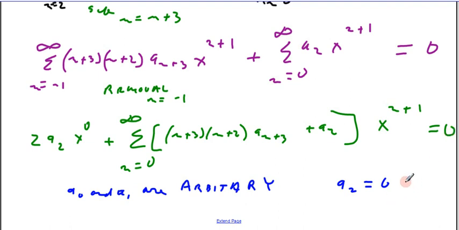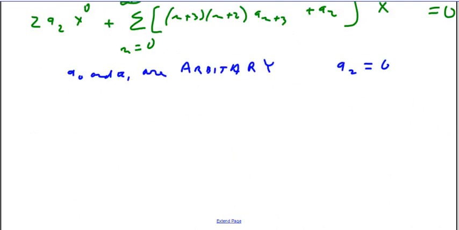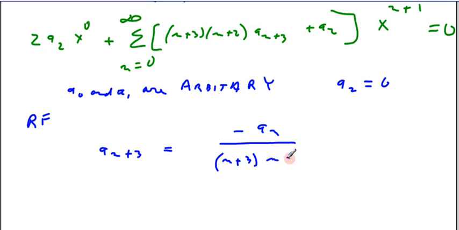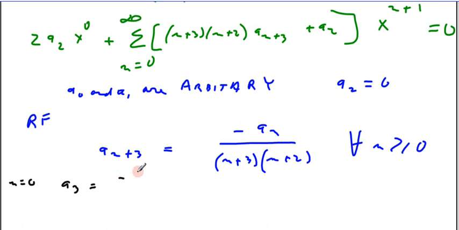So that's good. I have a recurrence formula. a_(n+3) is equal to minus a_n divided by n plus 3, n plus 2, for all n greater than or equal to 0. So I look at n is equal to 0 to get a3 equals minus a0 divided by 3 times 2, which is 6.